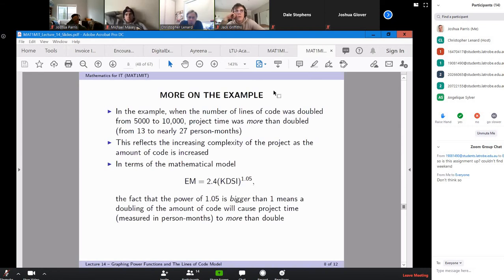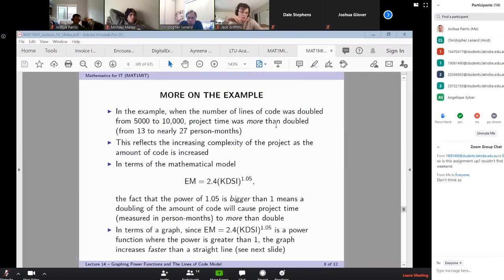The fact that the 1.05 is bigger than 1 means doubling the amount of code means that we're going to have more than double the amount of time required, or the amount of effort required. And that's because we've got a power function where this exponent is greater than 1. So the graph increases faster than a straight line.